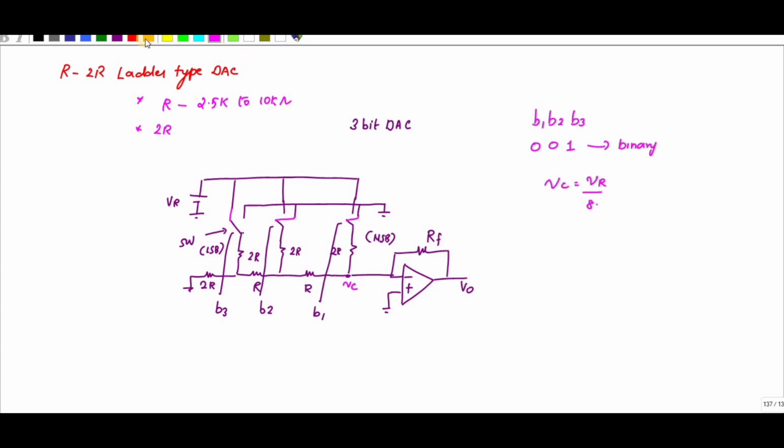Now if I assume I'm going to pass the signal called B1, B2 and B3 is equal to 100. Okay, so here the MSB is connected to VR, rest everything is connected to ground.